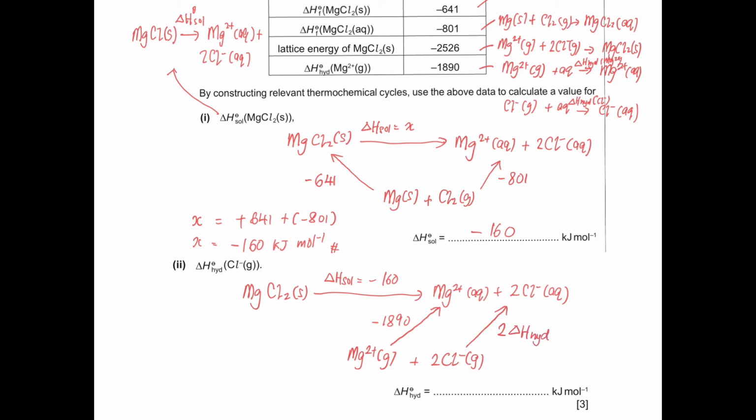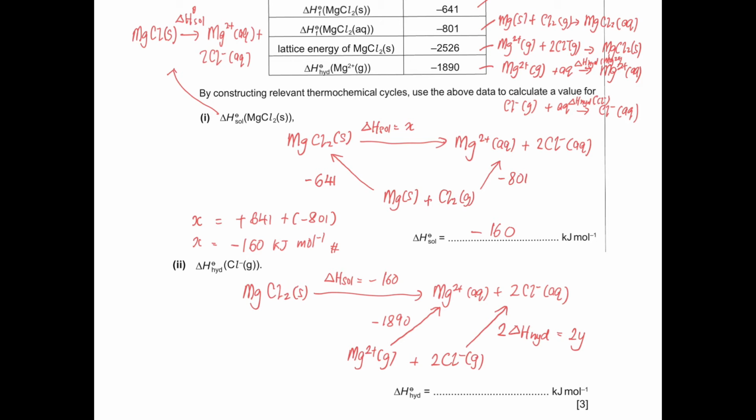Which is 2 delta H hydration, or in other words I call it 2Y to make it simple. We are looking for Y actually. So our thermodynamic cycle is not complete in this situation. We need to build 1 more arrow to join up between the gaseous ions and the magnesium chloride solid.